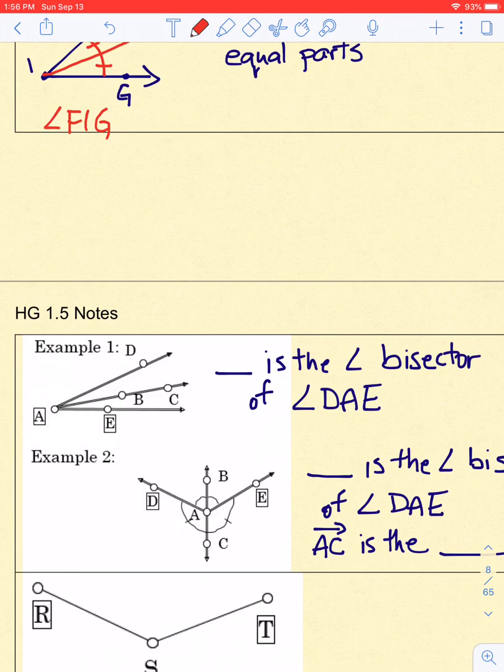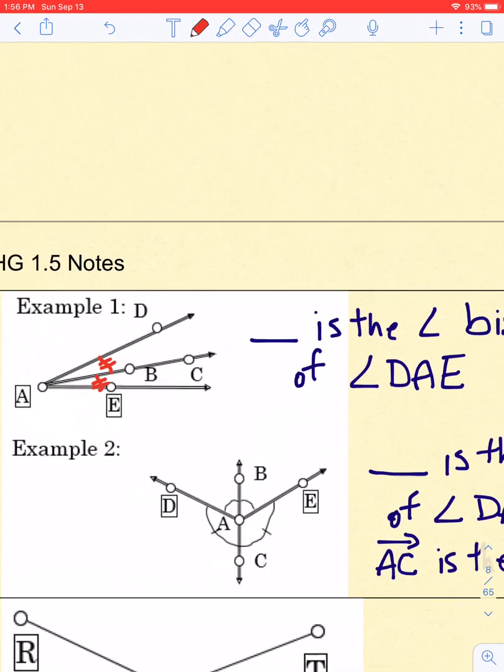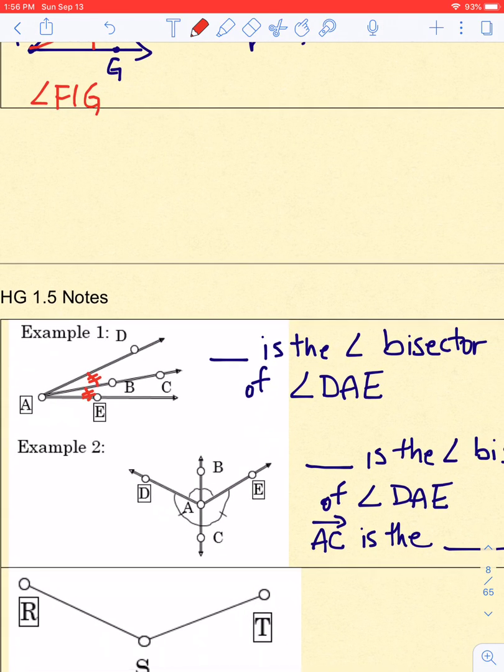In our example here, if we know that this angle and this angle are equal, so I'll put 2 little hash marks in each one, then we know that AB, and again I put a ray on top of it, would be the angle bisector of DAE.